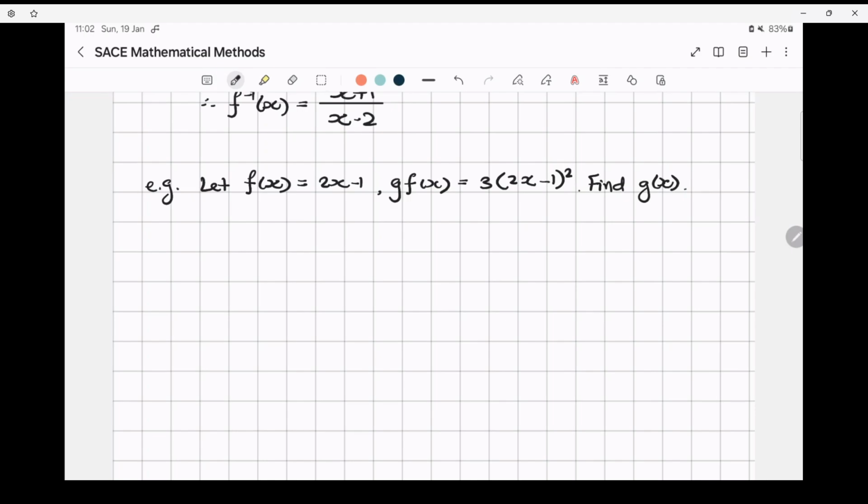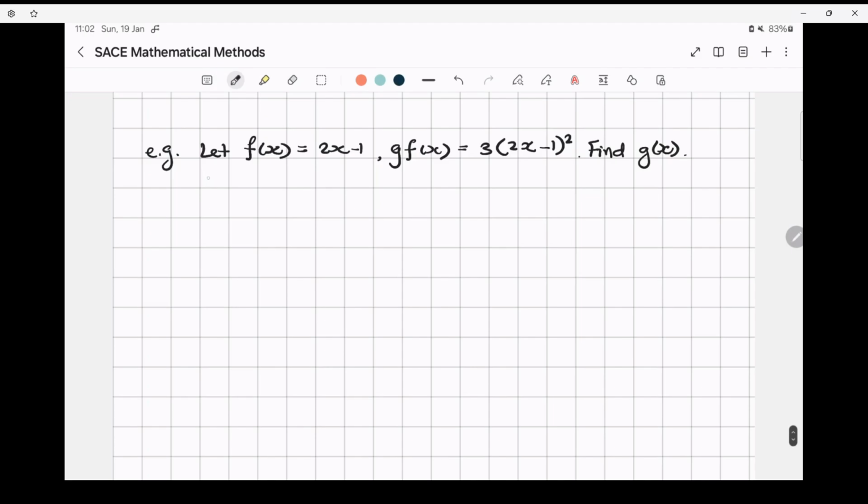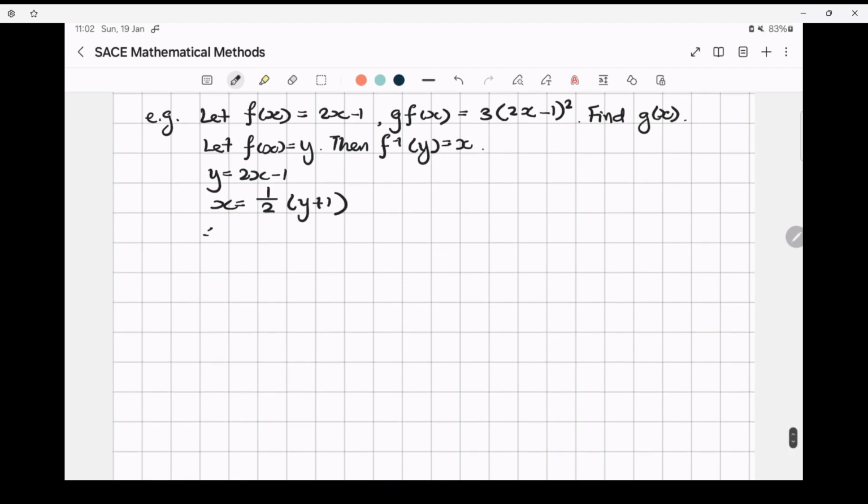So what you need to do is to first find the inverse. We already know that x is 1 over 2 times (y plus 1), so f inverse is 1 over 2 times (x plus 1).